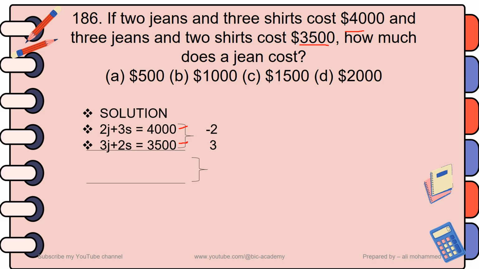$3,500. Now, you have two simultaneous equations, and you can multiply the first equation by -2 and the second equation by 3, just to eliminate or to simplify the information.